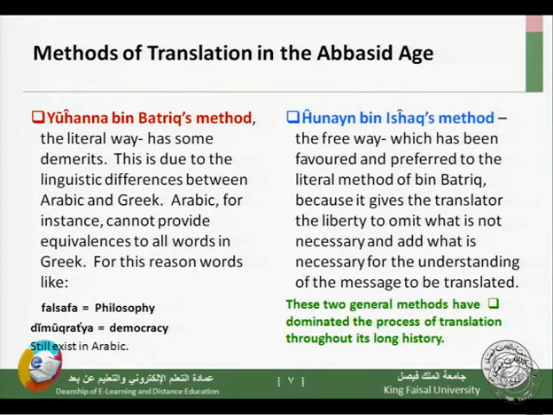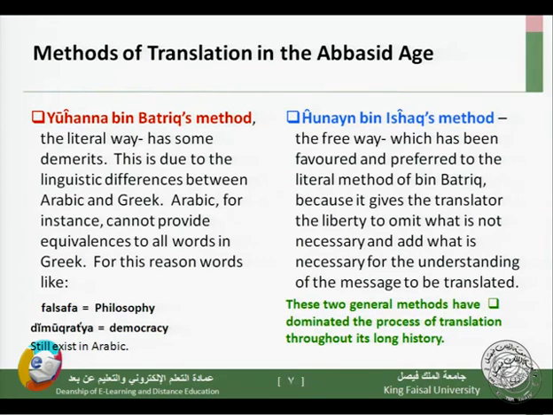Now, another method used in the same era was Hunayn bin Ishaq. Hunayn bin Ishaq favored and preferred free translation to literal translation. Why?